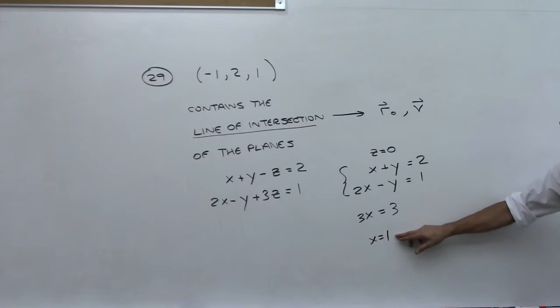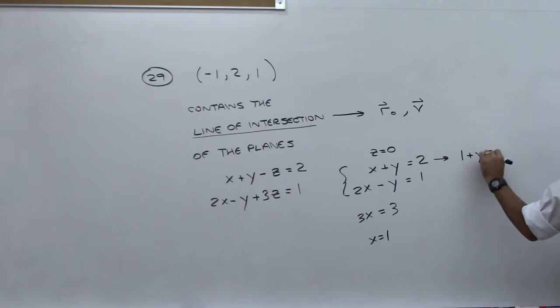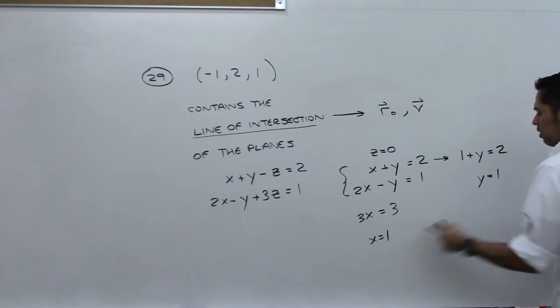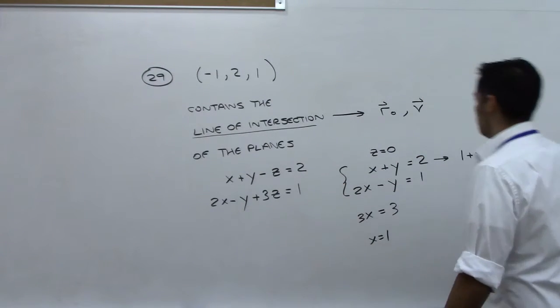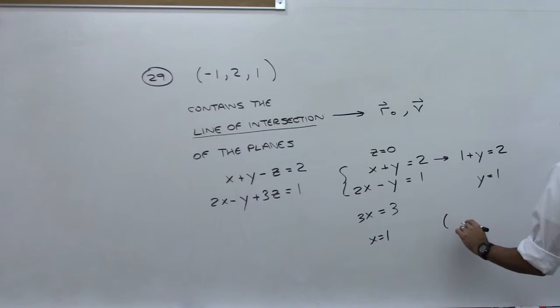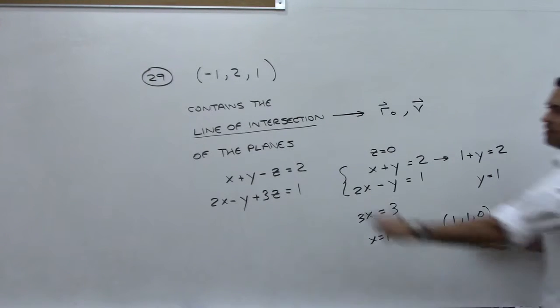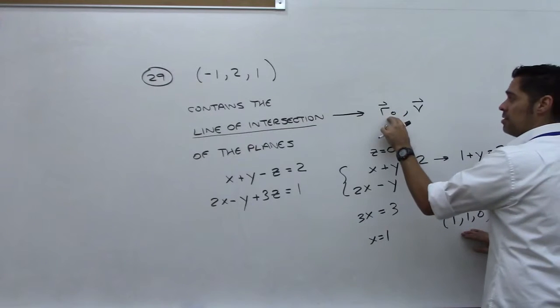Once I know what x is, I can come back up into this equation. It's 1 plus y equals 2. So that means y is 1. So if x is 1, y is 1, and z is 0, both of these equations should be true. So I have a point that lives on the line. The point is 1, 1, 0. That point lives on this line. Since that point lives on this line, I can use it as R naught.